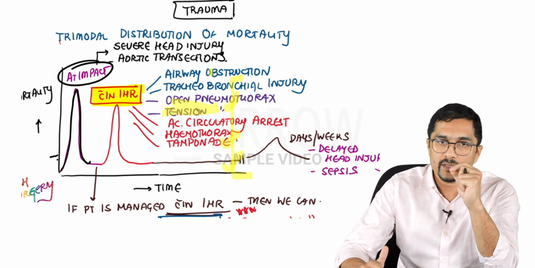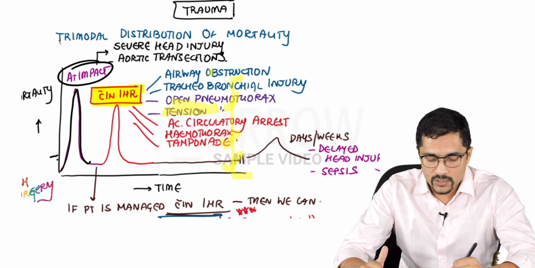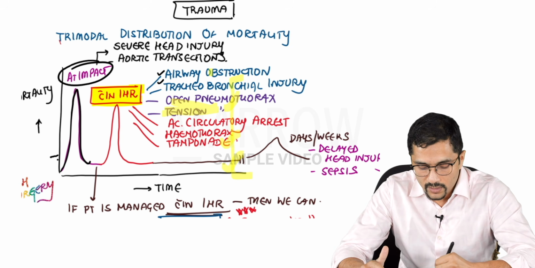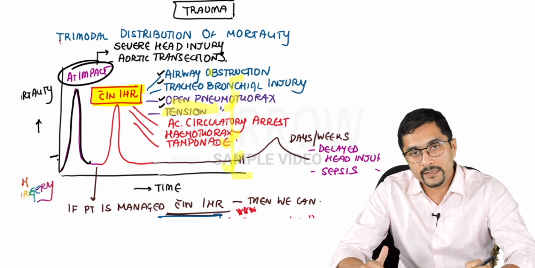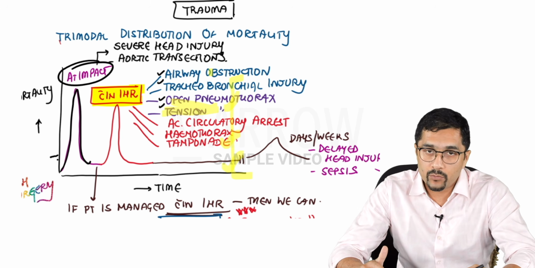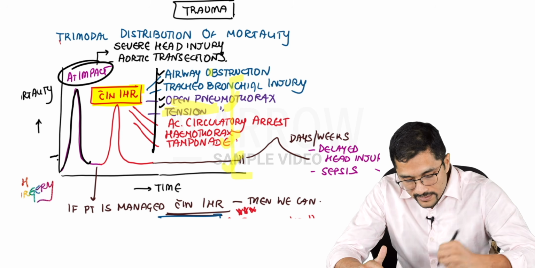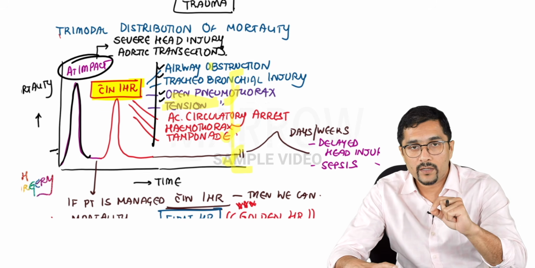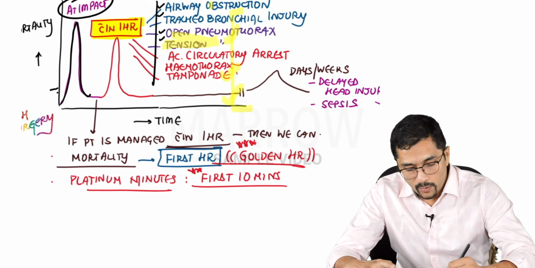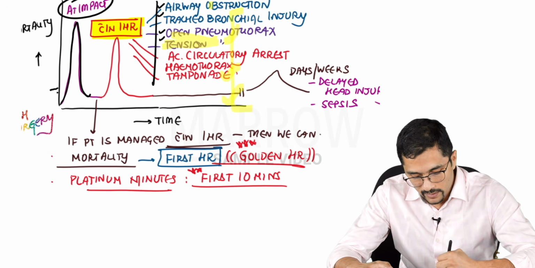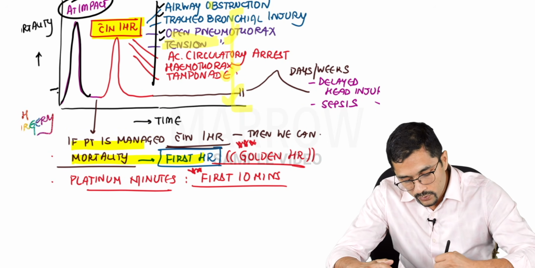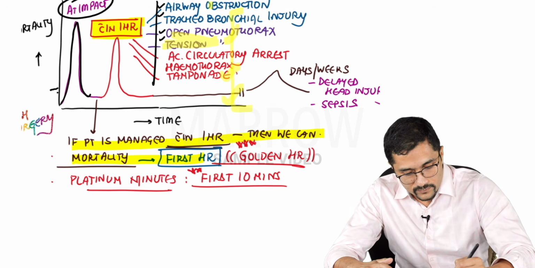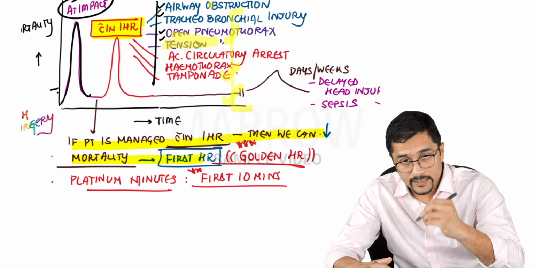And what are these causes? These causes are airway obstruction, tracheobronchial injury, open and tension pneumothorax, acute circulatory arrest, hemothorax and tamponade. Okay? So these are the causes which can kill within the first 1 hour. So if we provide proper care within the first 1 hour, then we can reduce mortality due to these causes.